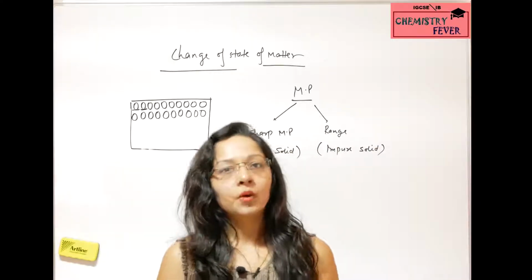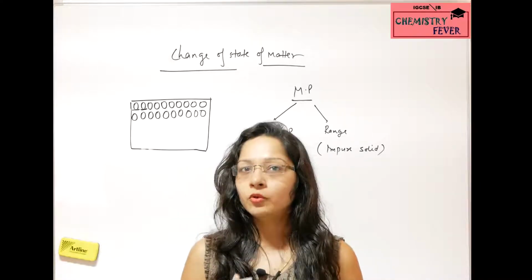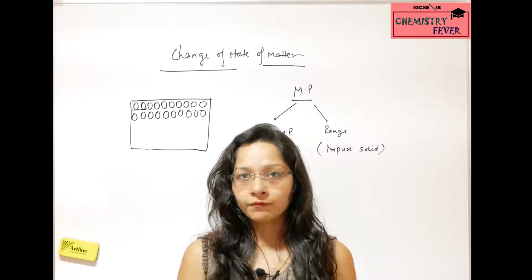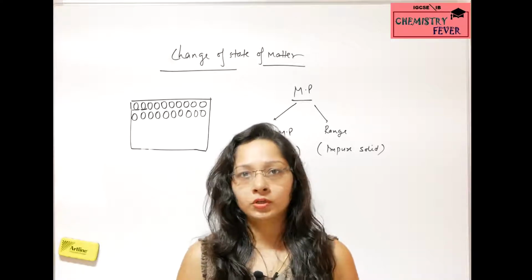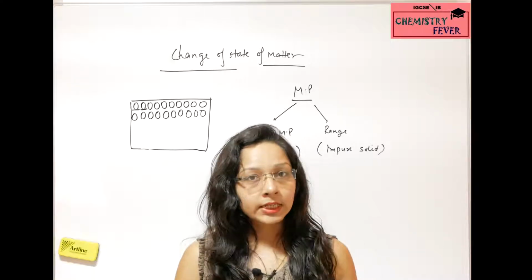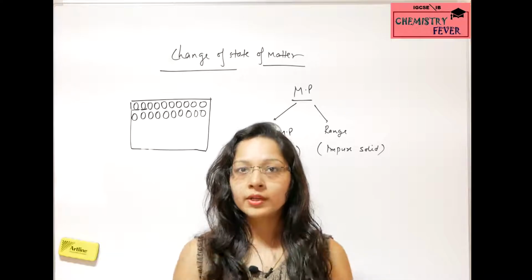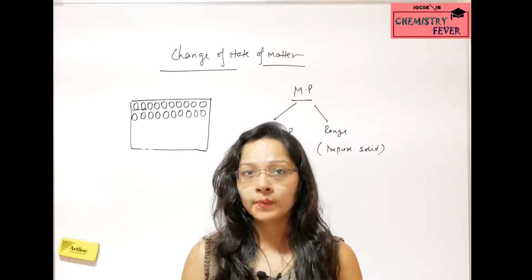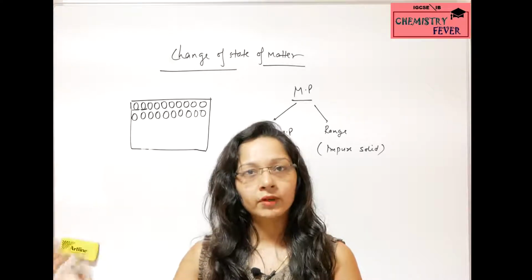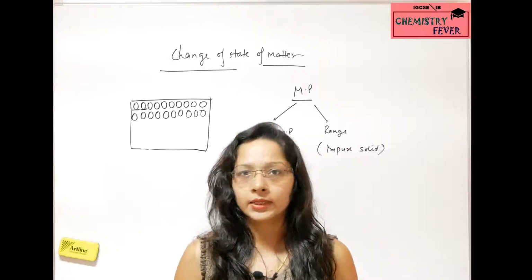If the solid is impure, it will definitely show a range. But if your solid is pure, then when you are melting a solid, the temperature of the mixture will not rise until the whole of the solid has been converted into liquid. Only when there is no solid particle left behind will you see the temperature start rising further. So the temperature will remain constant until the whole of the solid gets melted.